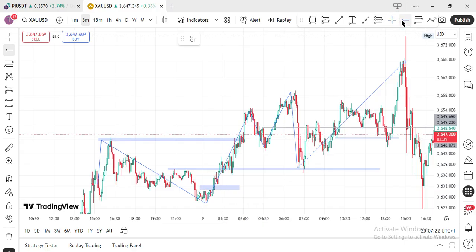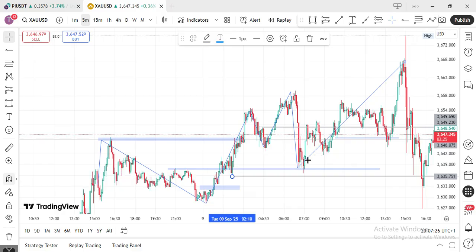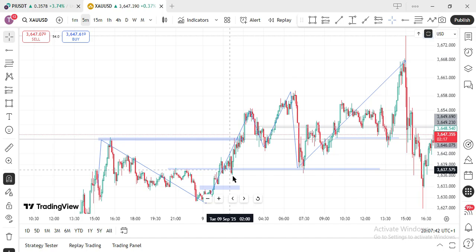Price came very close to this point, but it didn't take it out. Why? Because that point is a protected point, and price normally continued the rally. That's pretty much what happened there.